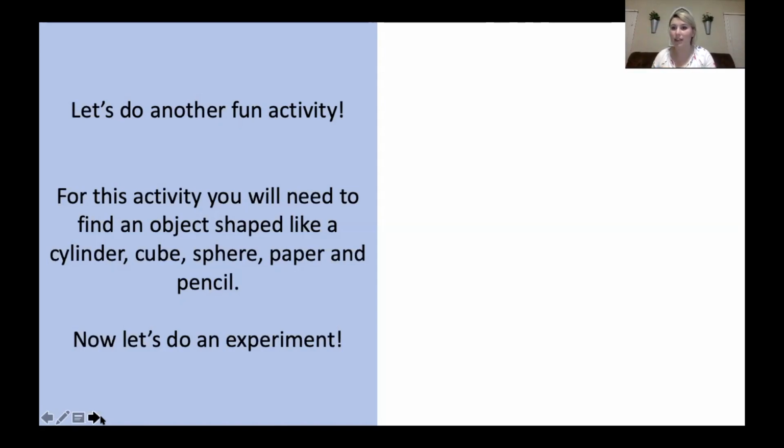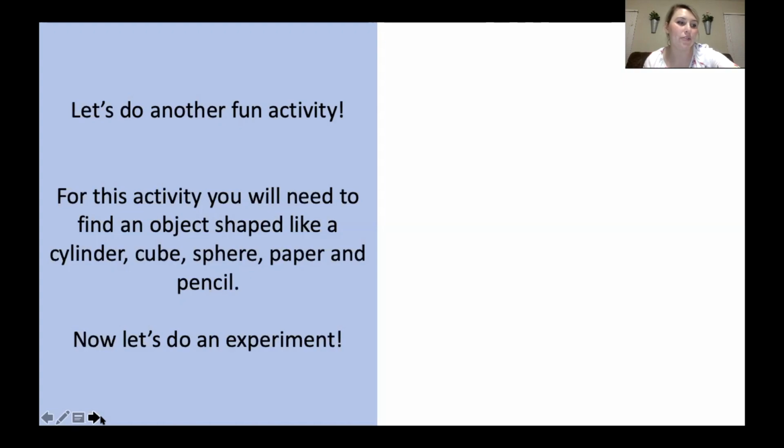So I'm gonna do this cylinder as the example, and you with your parent or guardian can do the other shapes, the sphere and the cube. So this isn't a perfect job, but here I took my candle and I did the bottom face, and look at the face, look at the shape, the flat shape that we made with the face. By tracing the face of the candle, we made a circle.